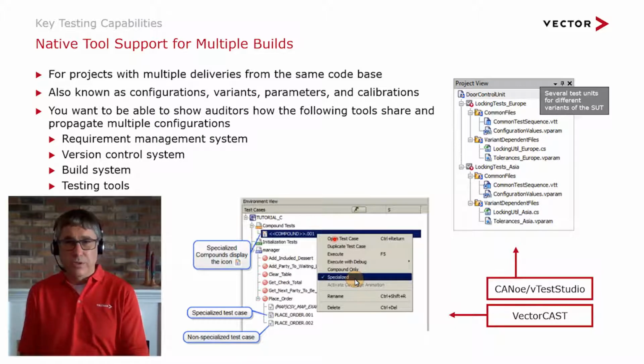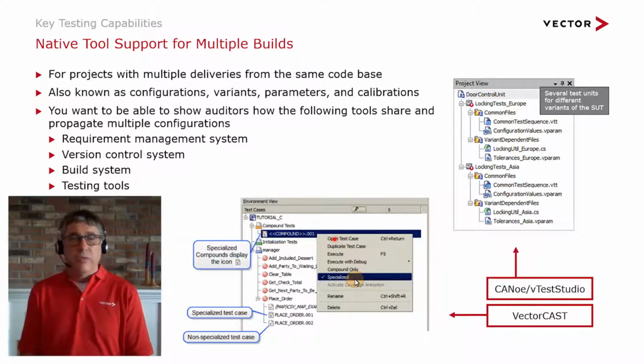So you can set up these variants, and they can be brought into the tools, and then you pick which one you want to test. On the bottom, I'm showing a view of the environment from inside of VectorCAST. And inside of VectorCAST, we support multiple configurations or variants by a feature we call specialized test cases.